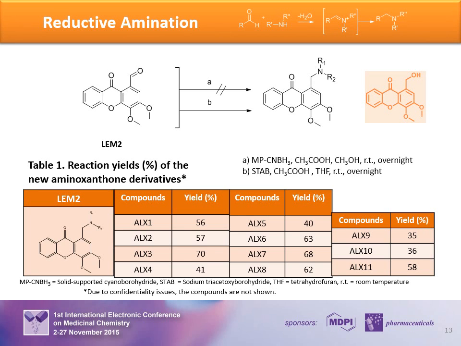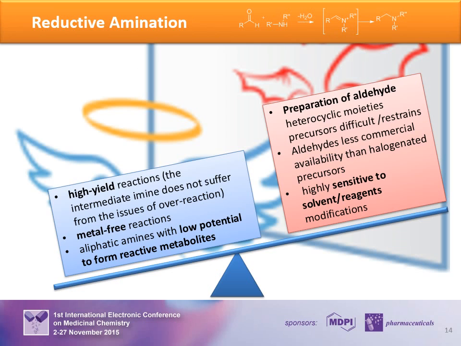And with this protocol, the yields were quite satisfactory. I should highlight in this protocol the advantage that, from a medicinal chemistry perspective, these aliphatic amines have low potential to form reactive metabolites. Also, these were metal-free reactions.